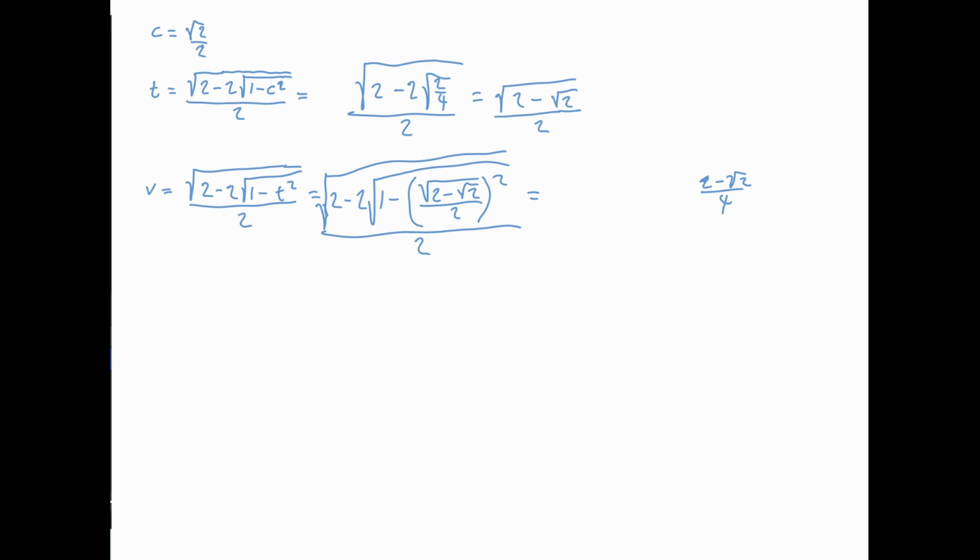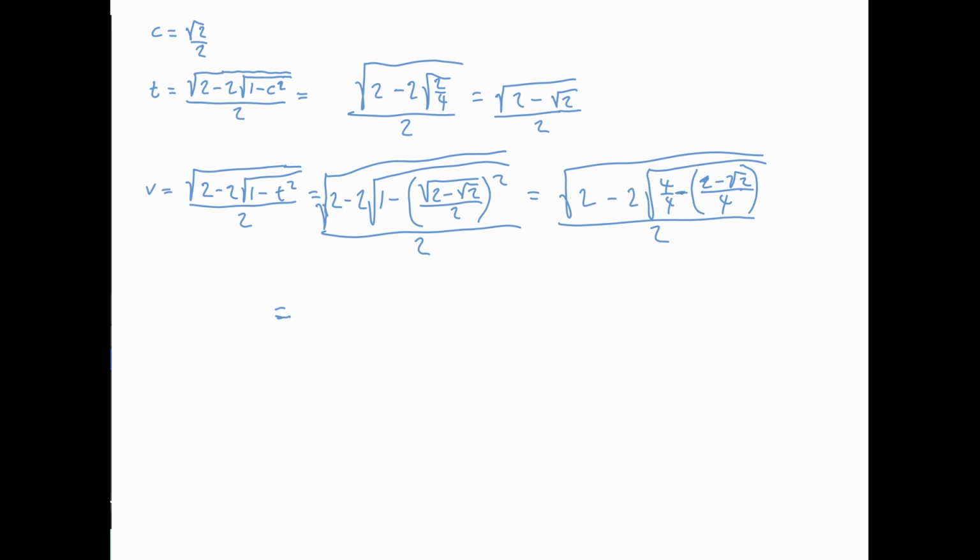And again, the 1 can be written as 4 over 4. So 4 over 4 minus that. And then we take the square root, well, we got to distribute this negative.